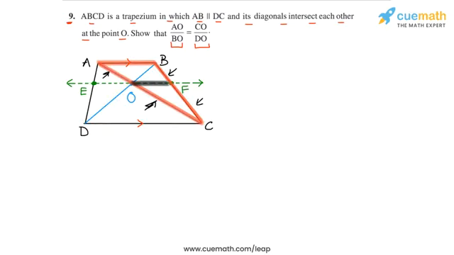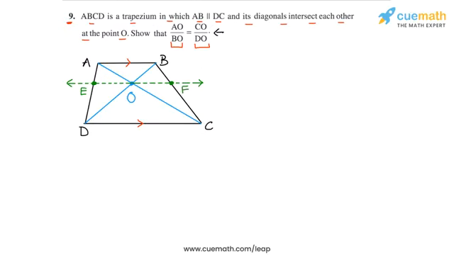In the first triangle ABC, we get AO by CO equal to BF by CF, and in the second triangle we get BO by DO equal to BF by CF. So AO by CO and BO by DO, both ratios will be equal, and from there we can obtain the final result that AO by BO is equal to CO by DO.